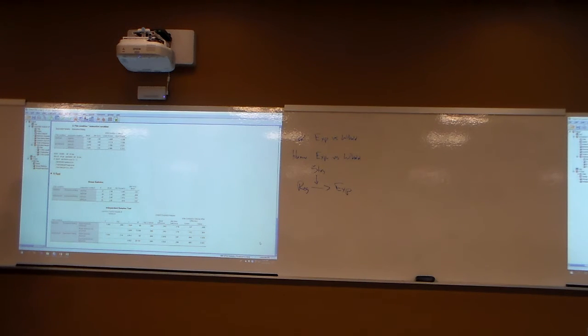Okay, so if we're going down through and taking a look, Chrissy, for people who were randomized to view the sadness film, do we see a difference? Do we have evidence supporting a difference in expressive behavior across express and withhold for people who were watching the sadness film?